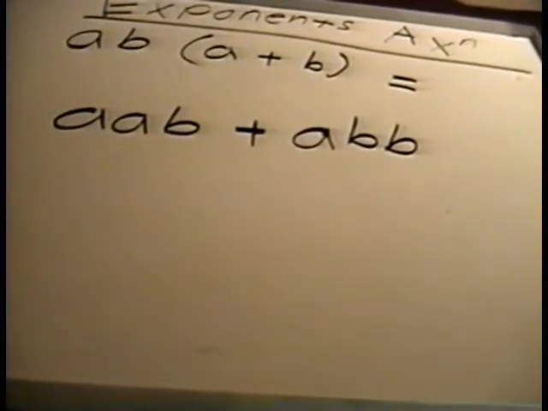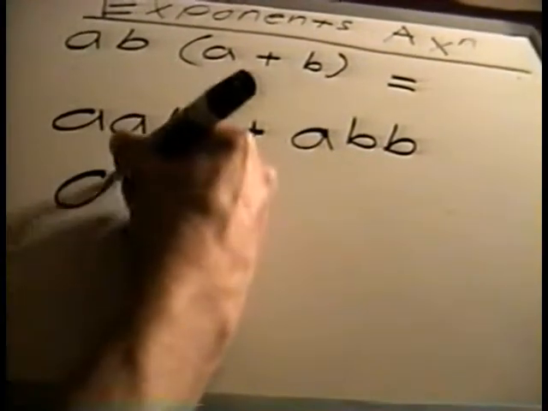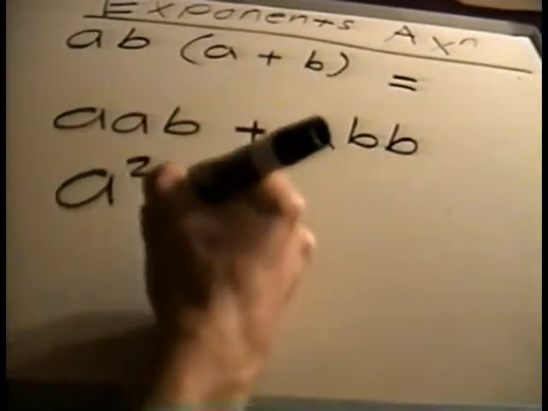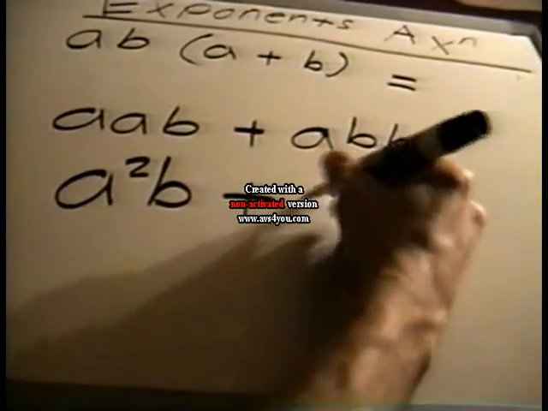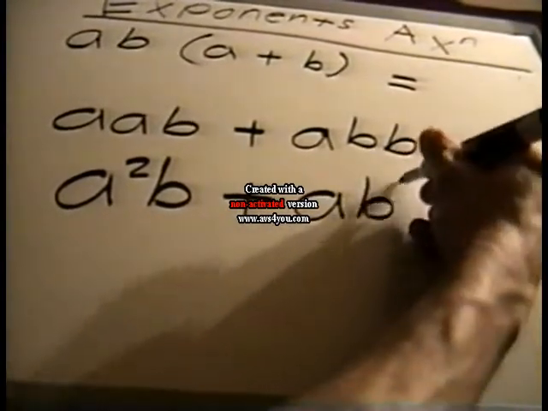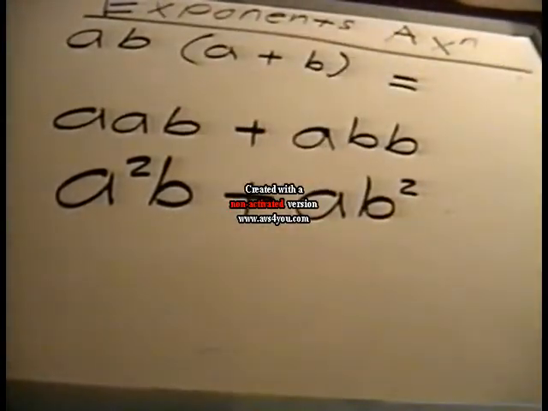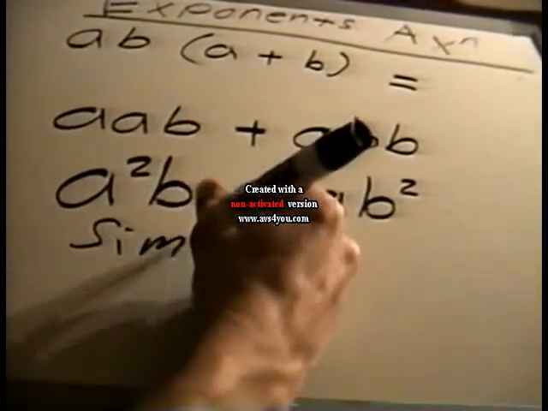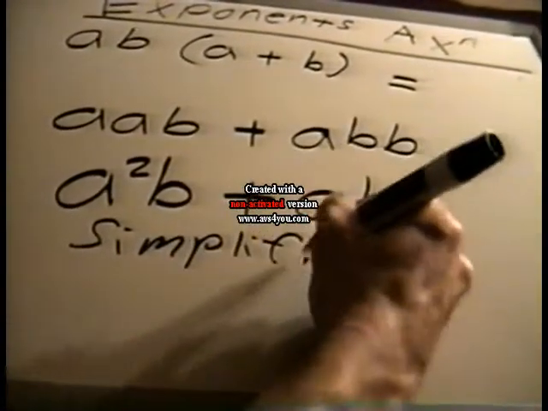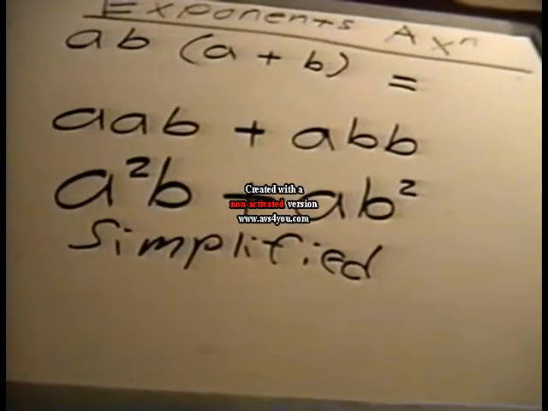Remember, A squared equals A by A. So let's look at this for what it is. If you know A squared equals A by A, that can be rewritten as A by A plus B.